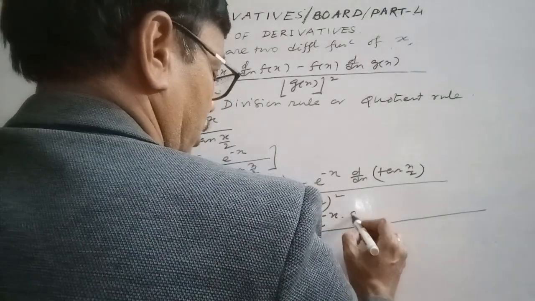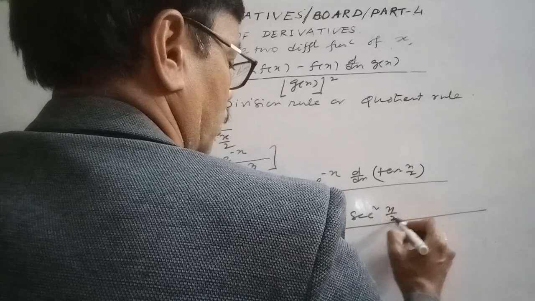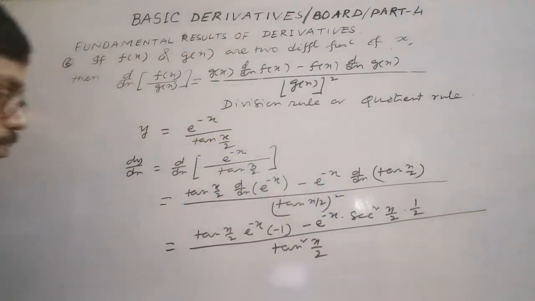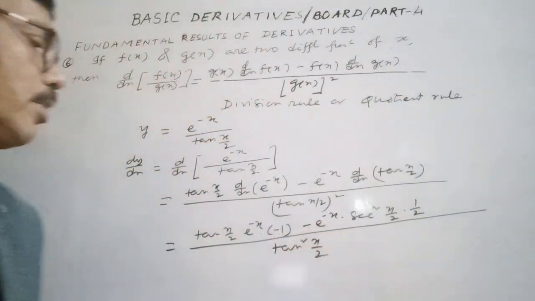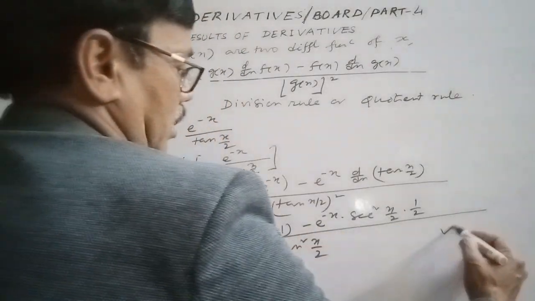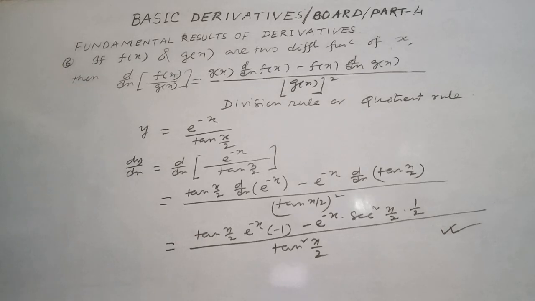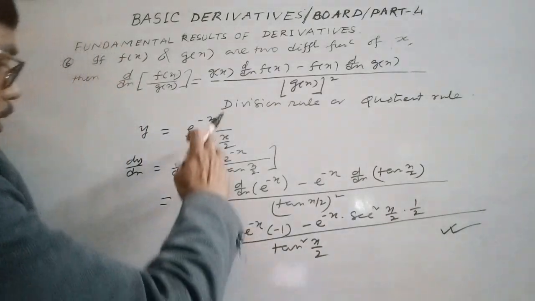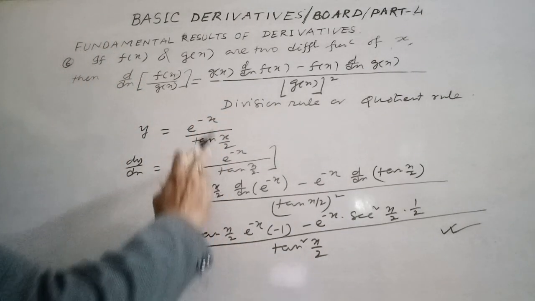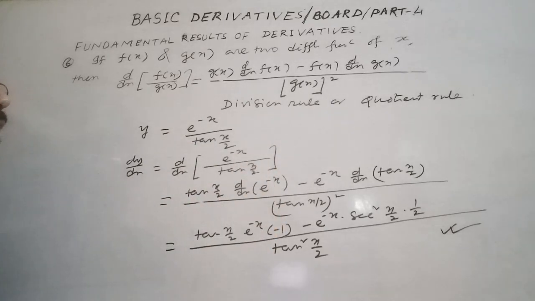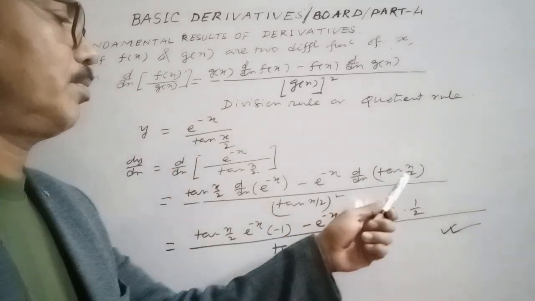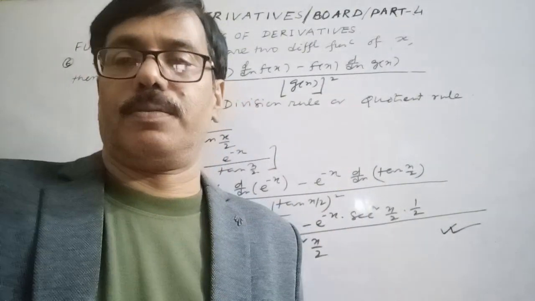E to the power minus x, sec square x by 2 into. So take e to the power minus x common and write the result. So this is quotient rule: denominator unchanged, derivative of numerator, minus numerator unchanged, derivative of the denominator.